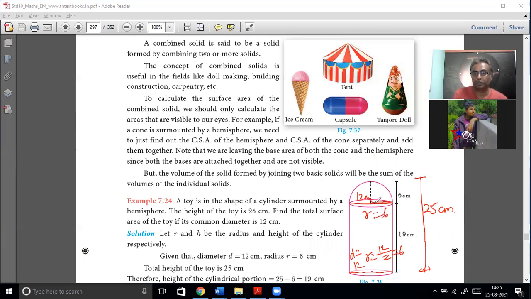This is 6 centimeter. So this is also equal to 6 centimeter for the hemisphere, both. Okay. So that's how you find out that this is 6 centimeter. So 25 minus 6 will become 19 centimeter. So the remaining cylinder height is H is equal to 19 centimeter. Okay. That is how you find out.